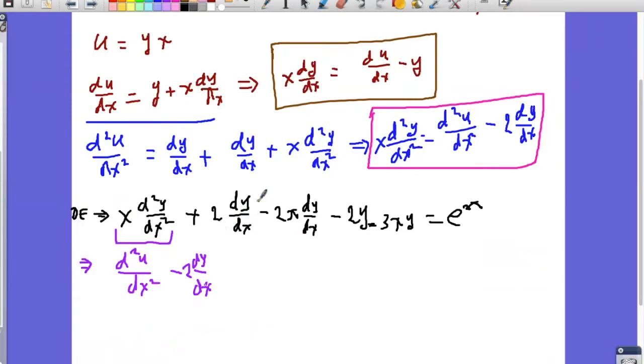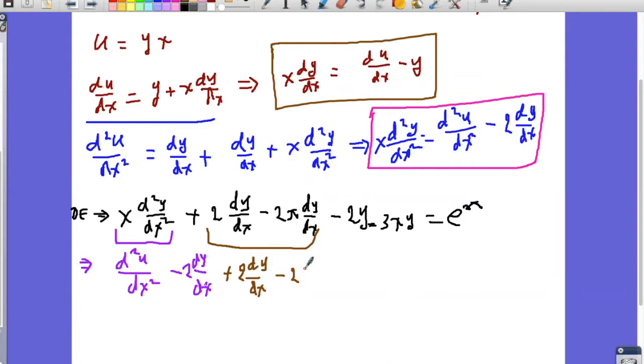I'll leave this as it is, so plus 2 dy/dx, minus 2. x dy/dx is du/dx minus y.